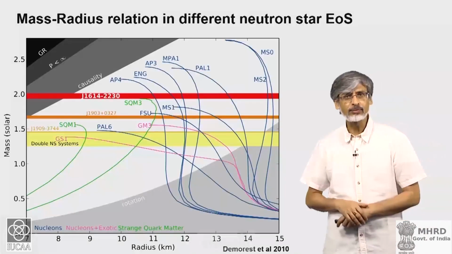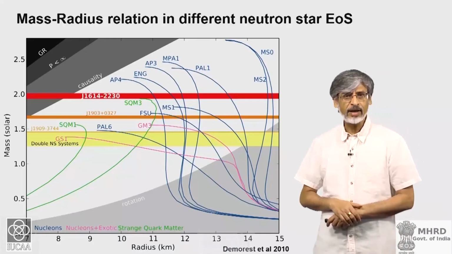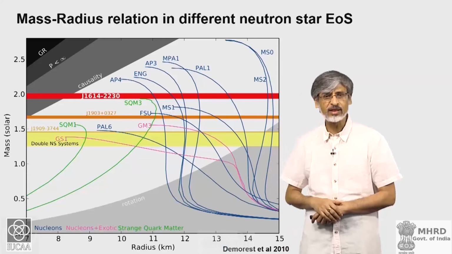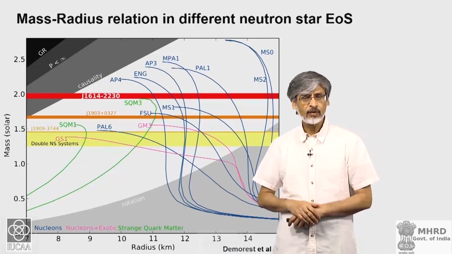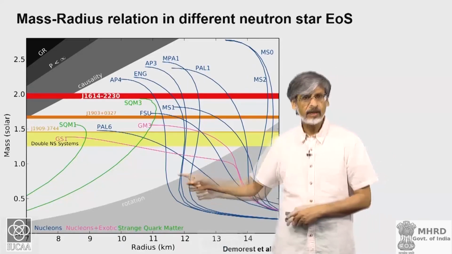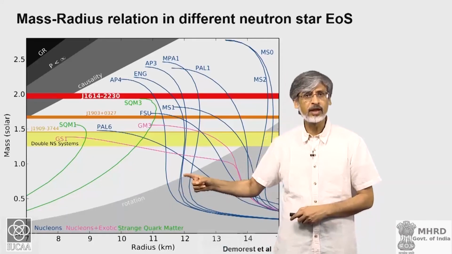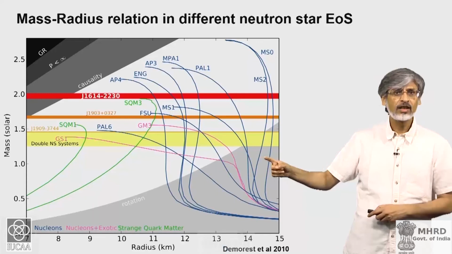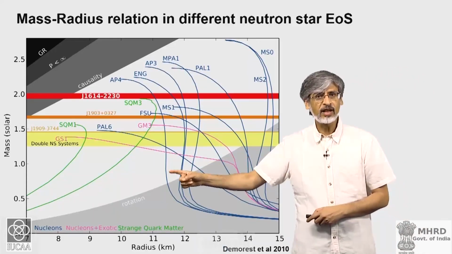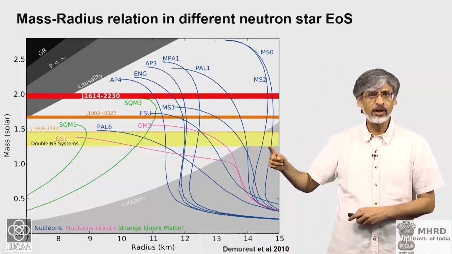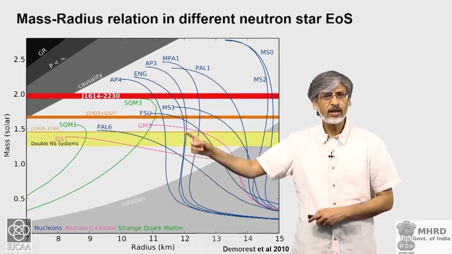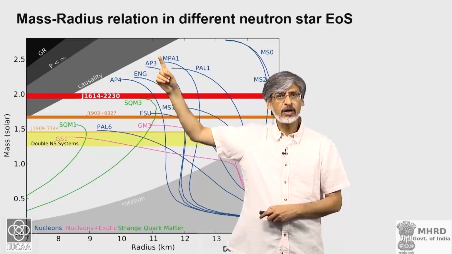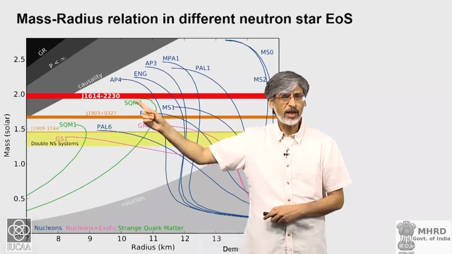What is the kind of masses they can hold up? So, as I said, there is some uncertainty in the equation of state, and therefore, that uncertainty corresponds to uncertainty in the mass radius relation. So, there are various lines here for various descriptions of the equation of state, and you can see these go up to about 2 to 2.5 solar mass as the maximum limit.